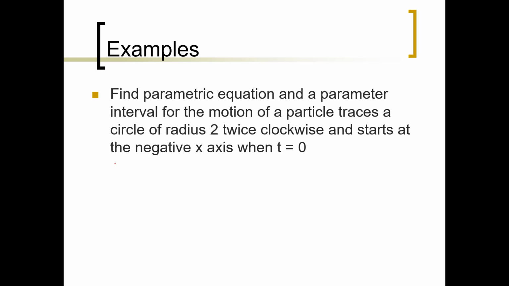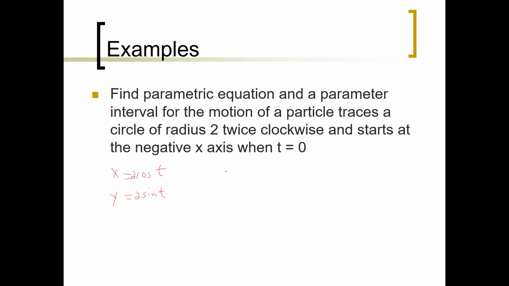That would be x is equal to the cosine of t, and y equals the sine of t. This gives you the circle of radius 1. To get a circle of radius 2, we'll just scale both of these by 2. That way, both the x and y directions are stretched out by a factor of 2. So the radius now is 2 instead of 1.